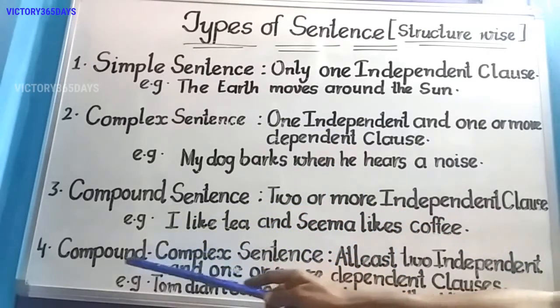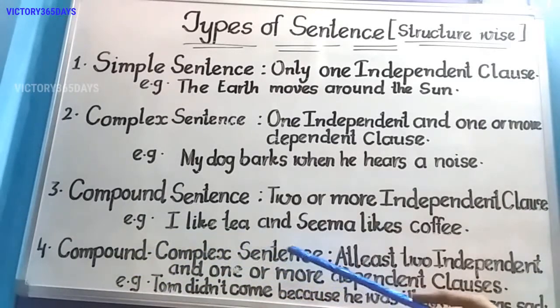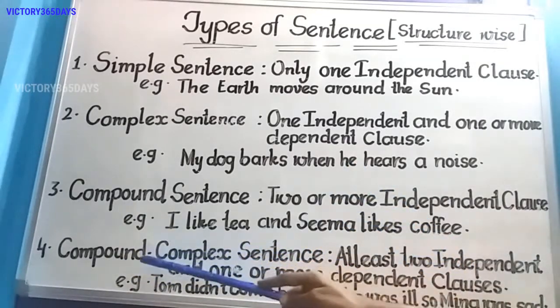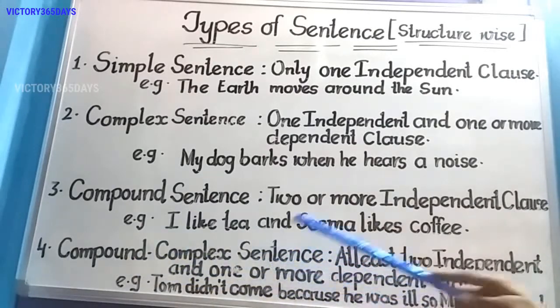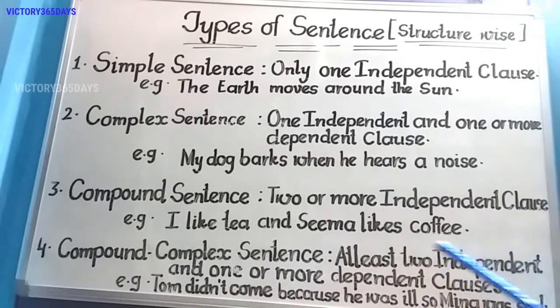Okay, last one, compound complex sentence. We very rarely use this type of sentence, but you should know what a compound complex sentence is. Compound complex means at least two independent and one or more dependent clauses. Two independent clauses must be there and one or more dependent clauses. See example, Tom didn't come, this is one independent clause, because he was ill.